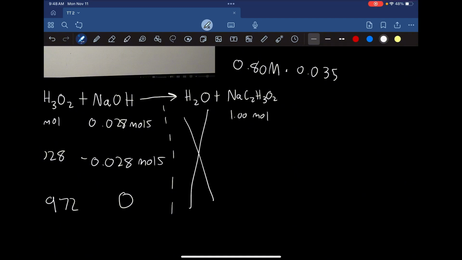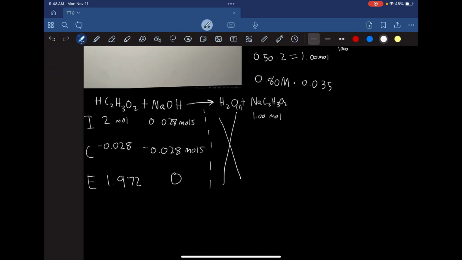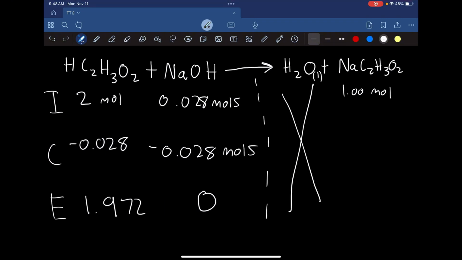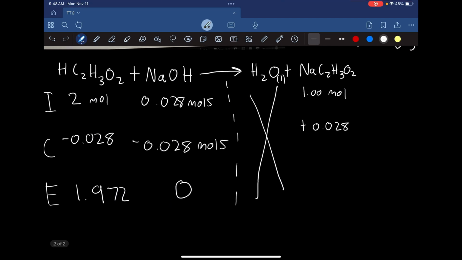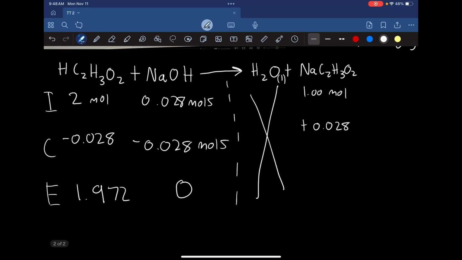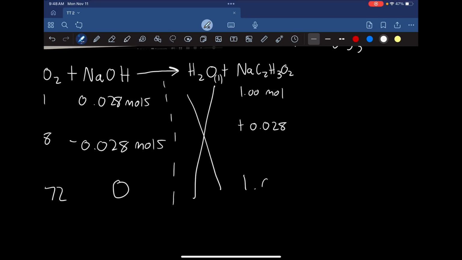Since this is a liquid, we can just cross that out, because remember, liquids or solids in a K equation are always just considered as the number 1. Since we're removing from the left side, we must add on the right side. So 1 plus 0.028 is 1.028.